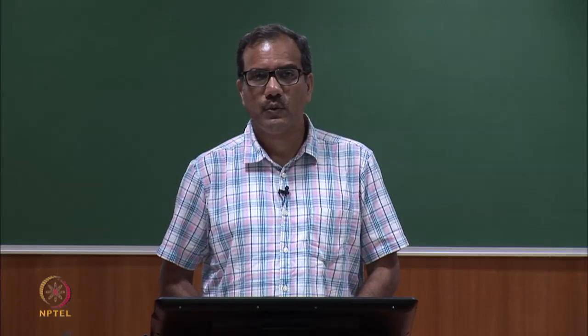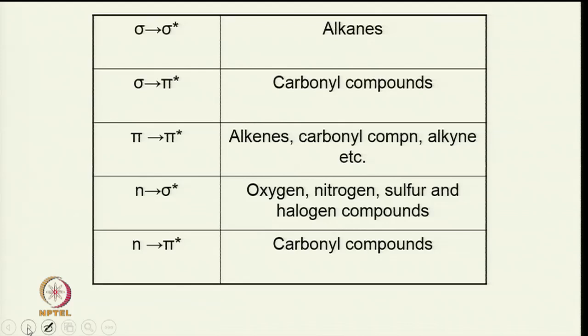If you look at the compounds, the transition which happens in alkanes is the sigma to sigma star transition. A common transition in carbonyl compounds is sigma to pi star, and pi to pi star happens in alkenes, carbonyl compounds, alkynes, etc. n to sigma star generally takes place in compounds containing oxygen, nitrogen, sulfur and halogens, and n to pi star transition takes place in carbonyl compounds.